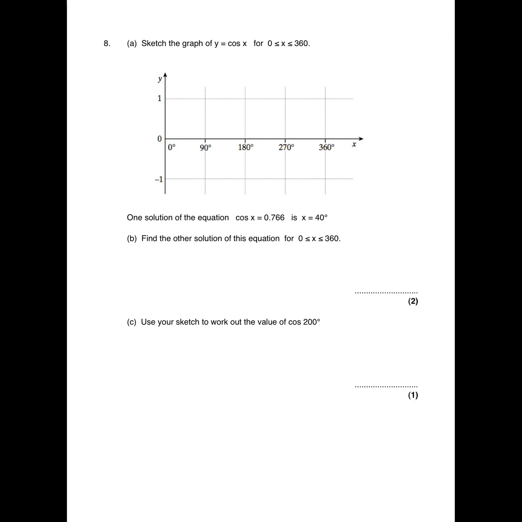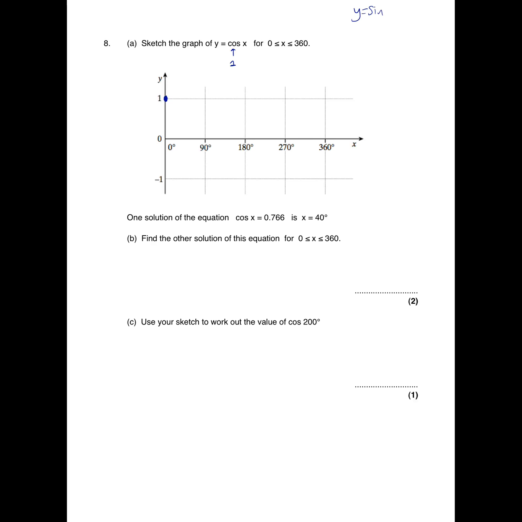Question 8, our last question in the booklet. This time it's a sketch the graph question. Sketch the graph of cos x between 0 and 360, and then we're to part B and part C. So like I said at the start of this little video, I can see a 0 there. This reminds me that I need to start my graph at 1, because I think of them as alternatives.